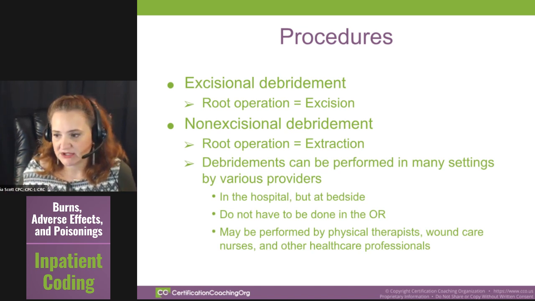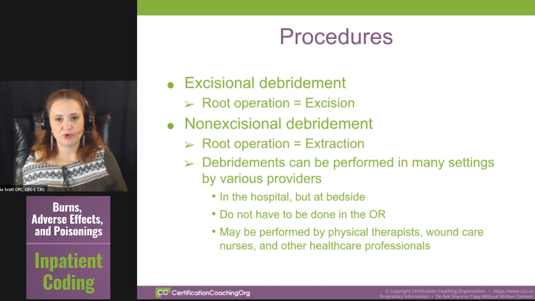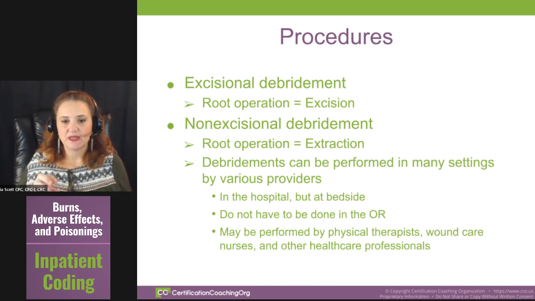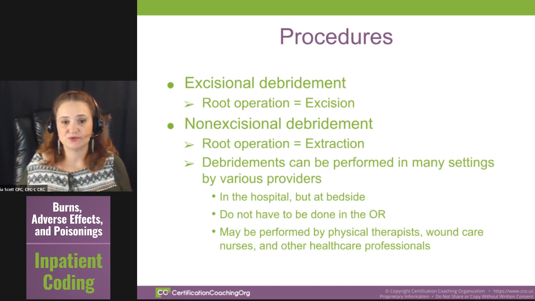Now we're going to talk about procedures, and Tony had asked about debridement. If you go in and you debride, then that is considered the root operation of excision. When you do PCS, the root operation is the hardest part to get. So excisional debridement is excision, the 3rd character, root operation.